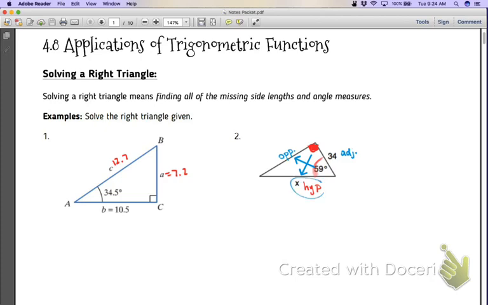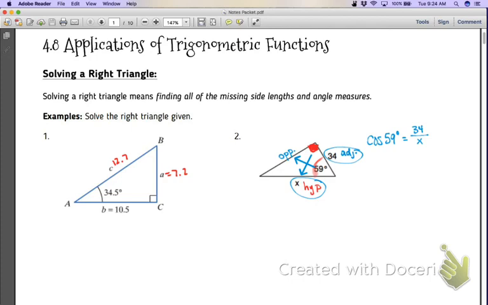So if you're trying to find the hypotenuse, you're given the adjacent, are you going to use sine, cosine, or tangent? Which one? Cosine. So I'm going to use cosine of 59 degrees equal to, adjacent side is 34 over x.